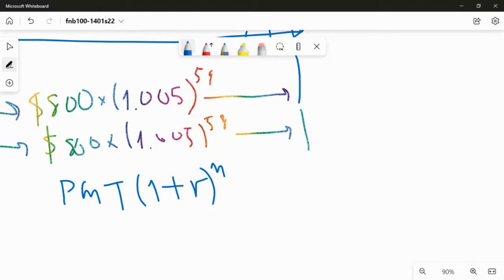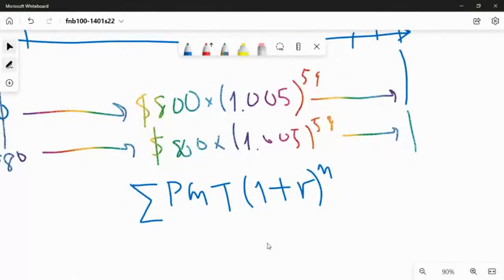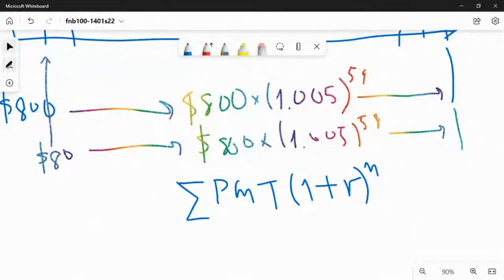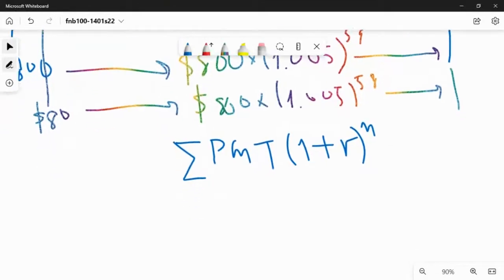So basically, we are going to have 60 of these, and so that means by the end we will have the sum of all these future values, where n runs from 0 to T minus 1.